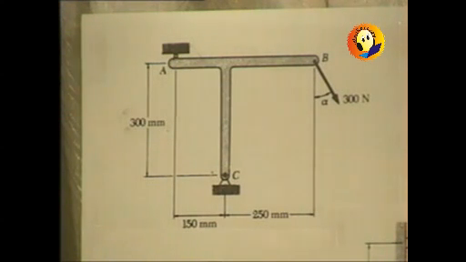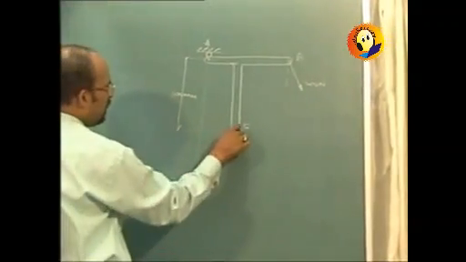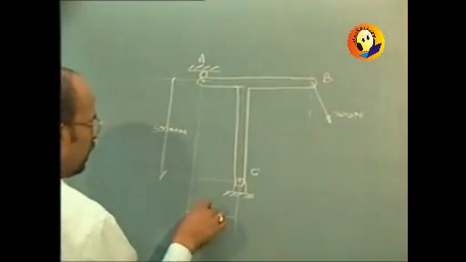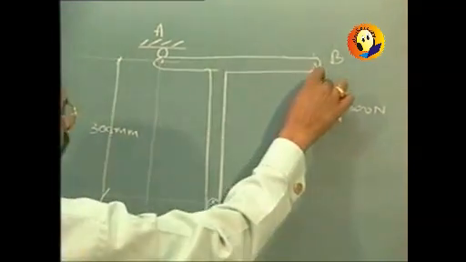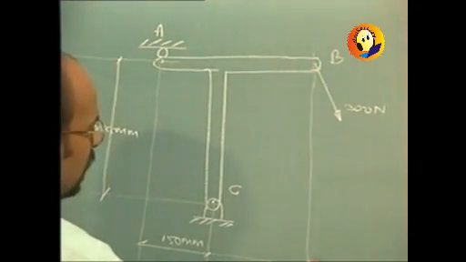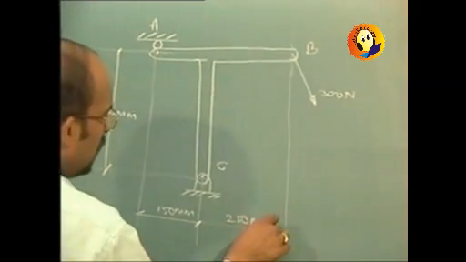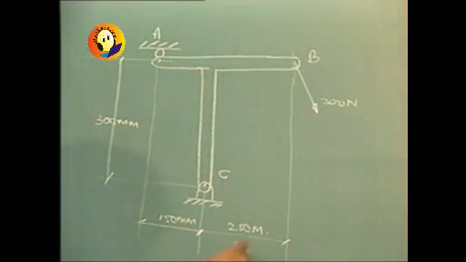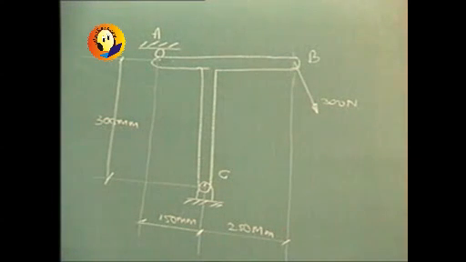The vertical distance between A and C is 300 mm. The horizontal distance between A and C is given to be 150 mm, and the horizontal distance between C and B is given to us as 250 mm. Now if you observe, this T-shaped rigid body is acted upon externally by exactly 3 forces.